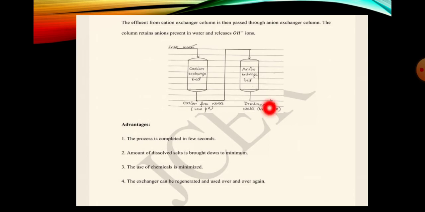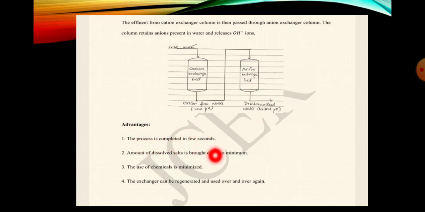Next, the influent from the cation exchanger column is passed to the anion exchanger, as the diagram shows. Water free from cations, with H plus and OH minus ions, gives low pH, high pH, then neutral.